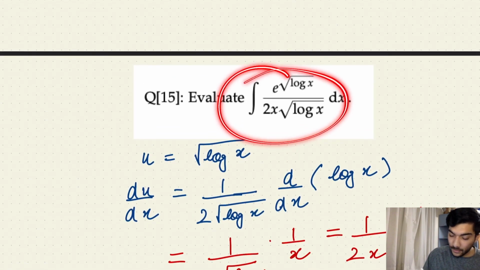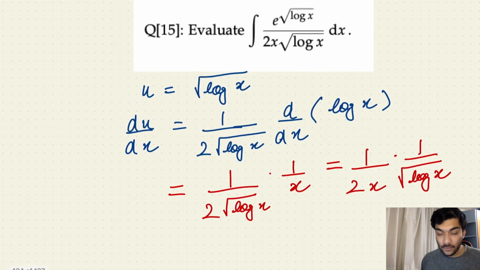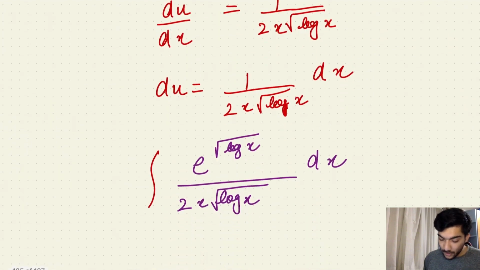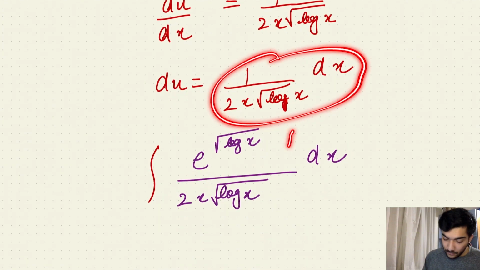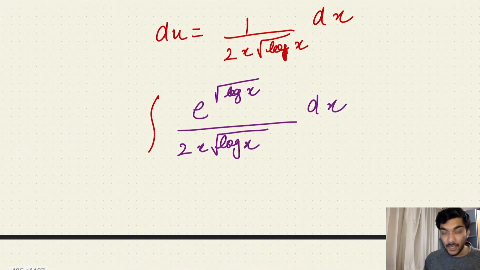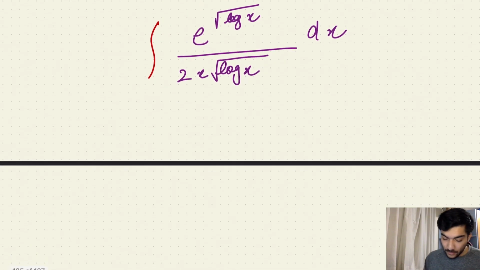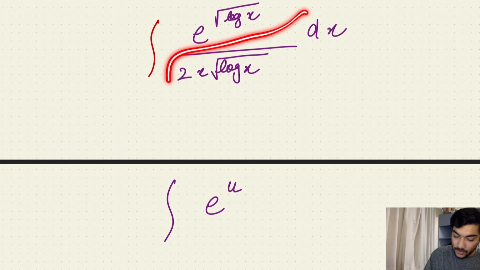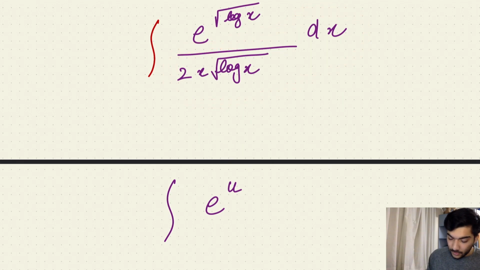Now we just have to make all those function transformations. Our square root of log x will be changed to u, and the remaining expression will simply be changed to du. So it would be e to the power u, times du.